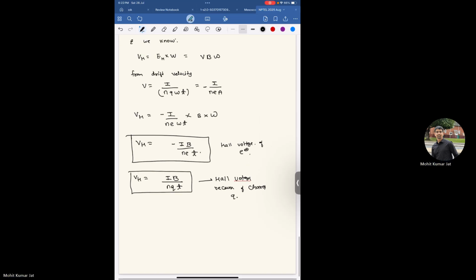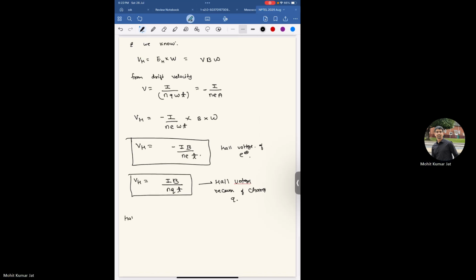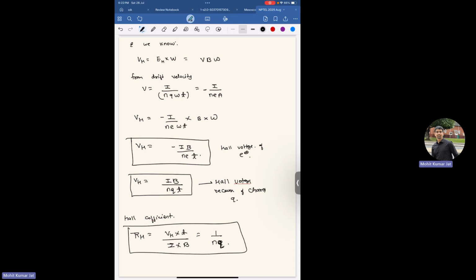Now the Hall coefficient can also be defined out of it. RH is defined as VH times the thickness by I B. That will be equal to 1 by N E, or N Q. Basically, this is the Hall coefficient.